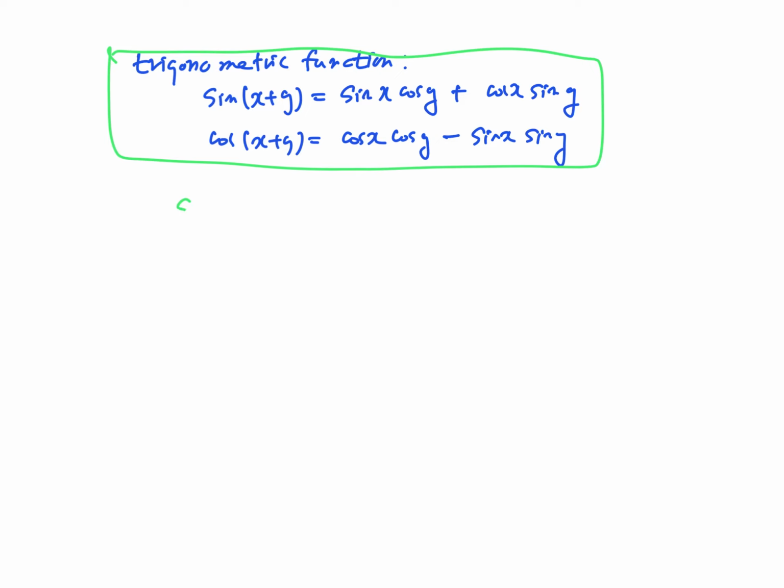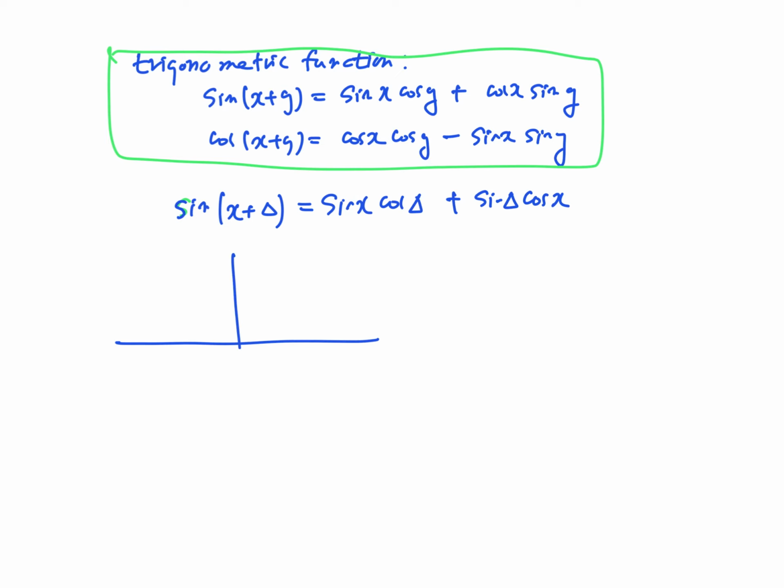So sin(x+delta) is sin x cos delta plus sin delta cos x. The easiest way of approximating sine is, let's assume a circle with unit radius and a differential angle delta. Then this is delta, right?